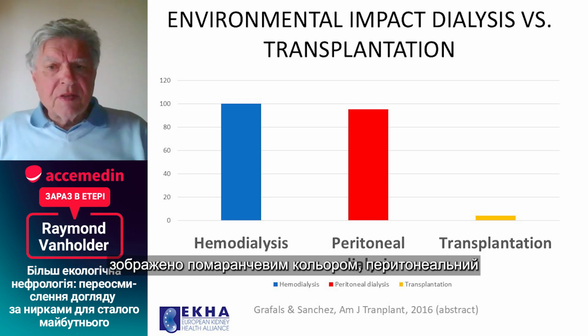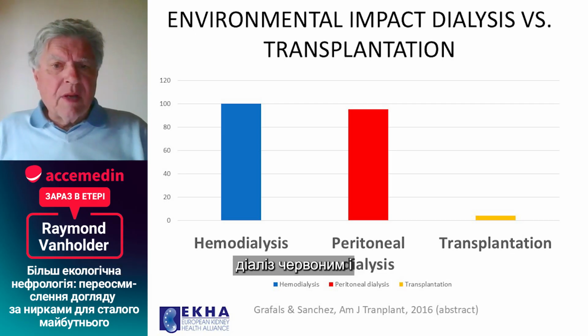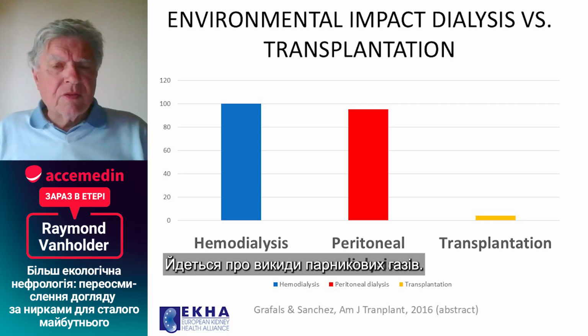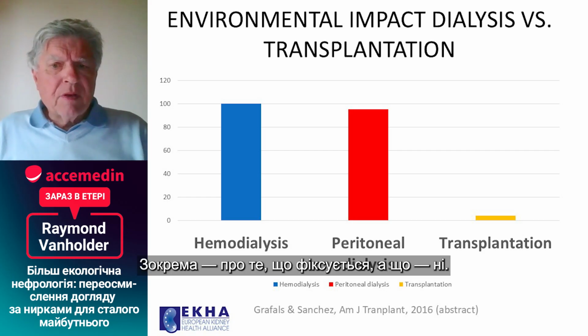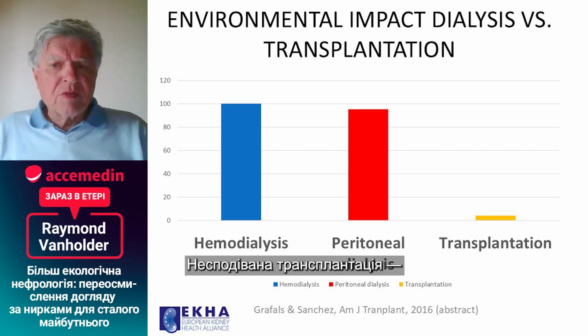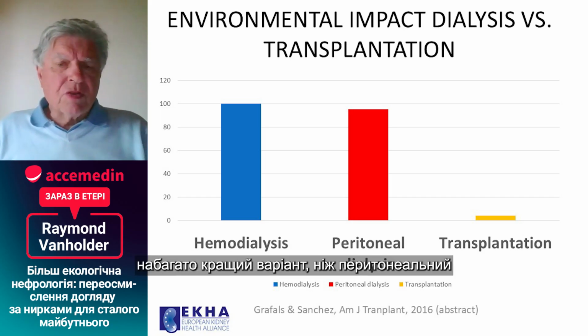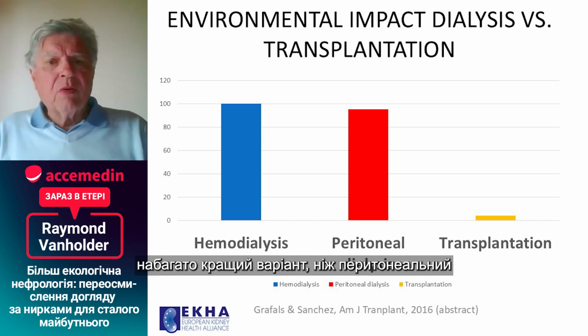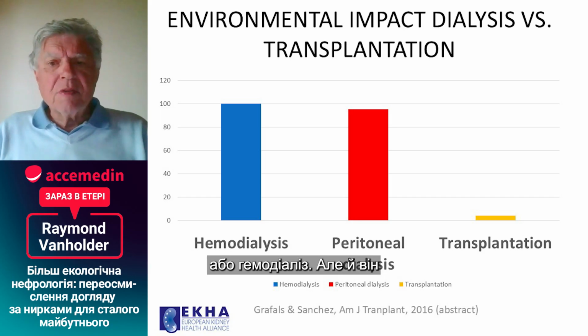Transplantation in this slide is illustrated in orange, peritoneal dialysis in red, and hemodialysis in blue. It's the greenhouse gas emission in particular which is displayed, and not a surprise, transplantation is doing much better than peritoneal dialysis and hemodialysis.